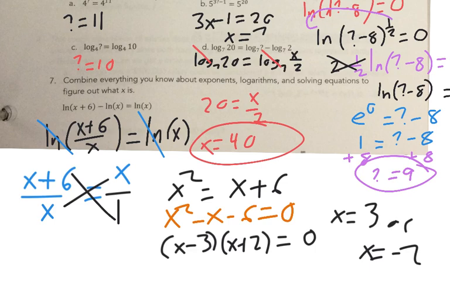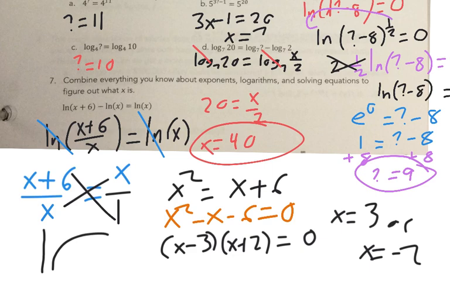But that's not it. Because what is this? Negative 2. Think about if I plugged in negative 2 here. What's that asking? E raised to what power is negative 2? Doesn't exist. Because remember, a logarithm graphs with a vertical asymptote, and we can't take any negative x's.